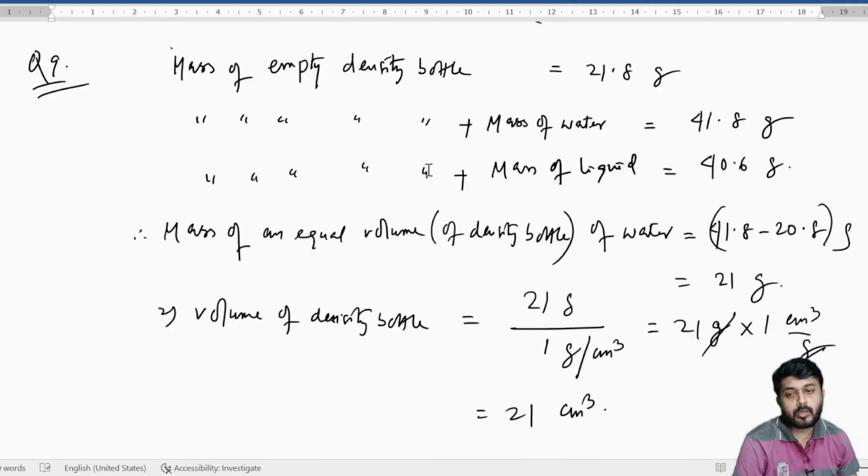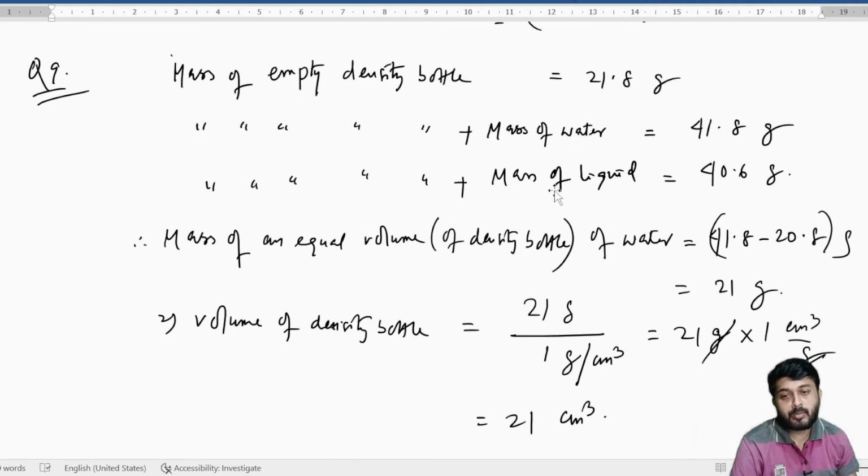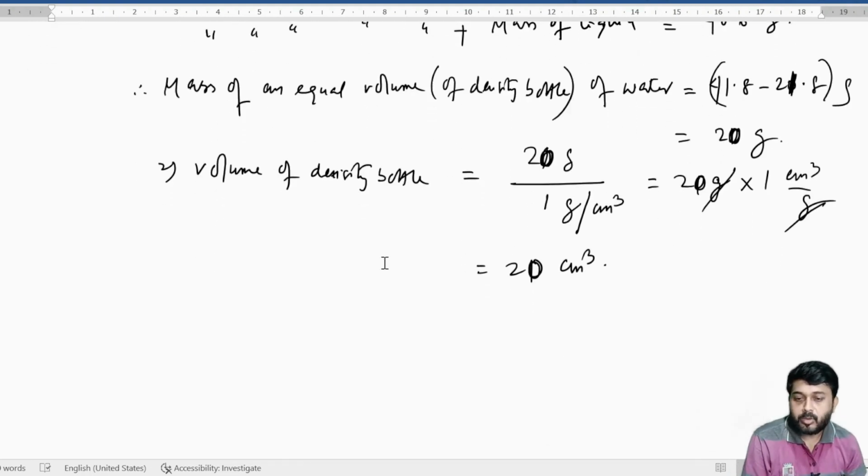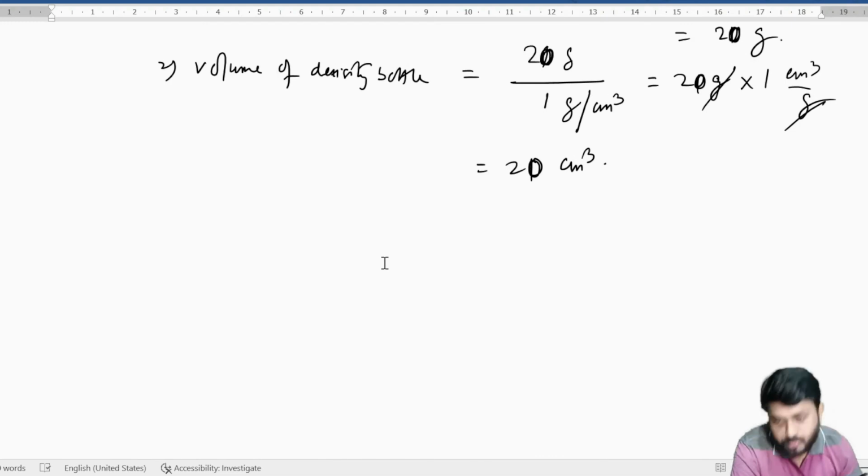I'm so sorry, the mass of empty density bottle was 21.8 gram. This should be 21.8 gram. This should be 20 gram, right? This should be 20 gram, and the answer should be 20 centimeter cube. Please make the corrections. 20 centimeter cube is coming out to be the volume.